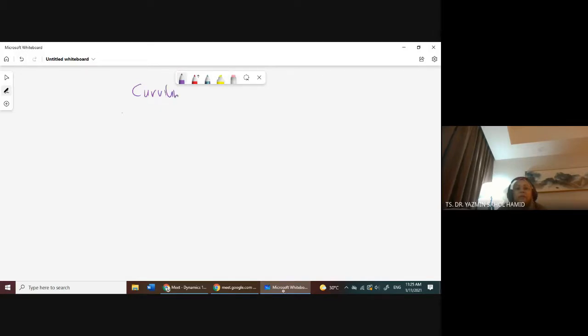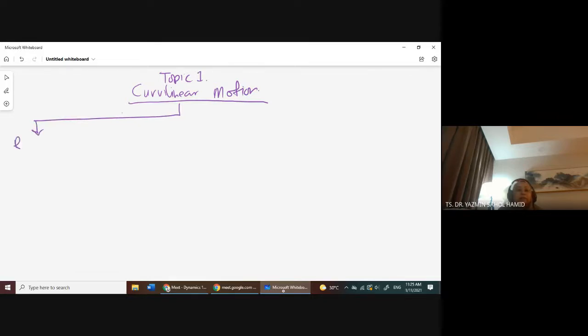Curvilinear motion. Okay, so we're still in topic curvilinear motion. This is topic 1. So for curvilinear motion, last week we learned a lot on the rectangular coordinate system, and then you also learned about the non-rectangular coordinate system.